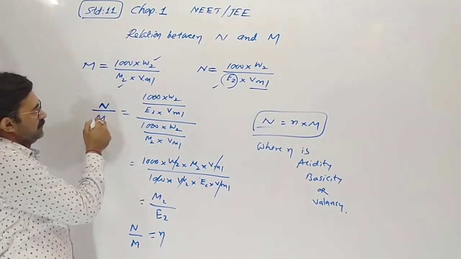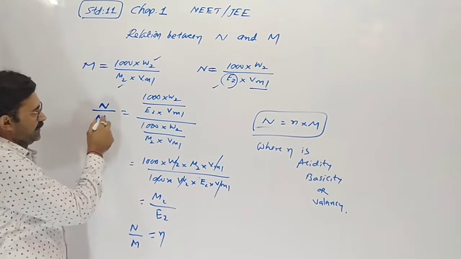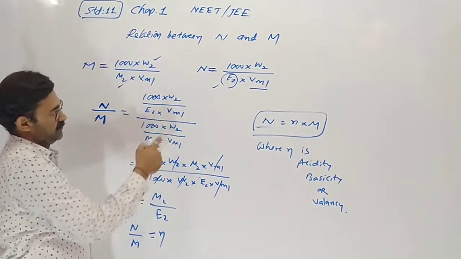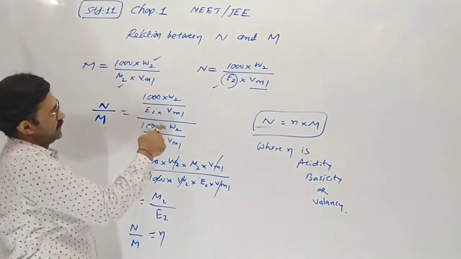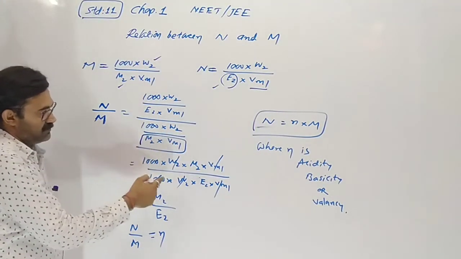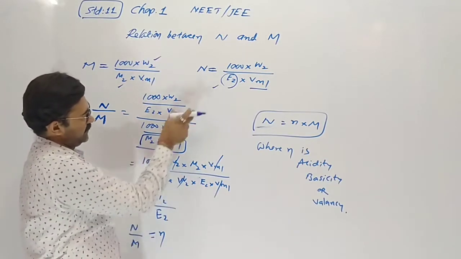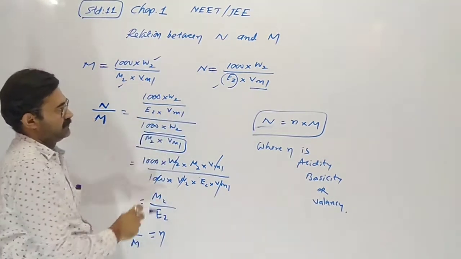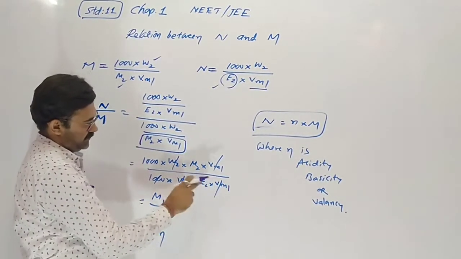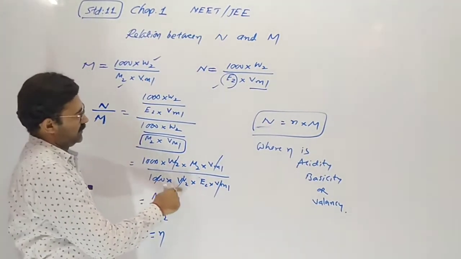When we divide normality by molarity, we get 1000 into W2 upon E2 into V milli, divided by 1000 into W2 upon M2 into V milli.